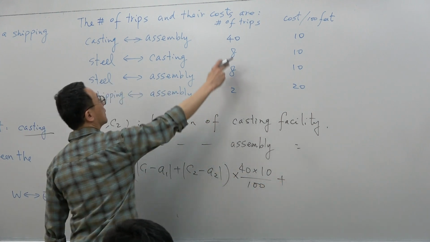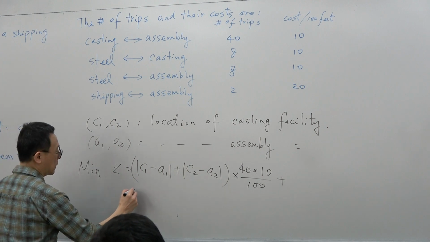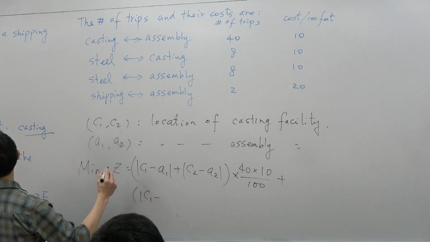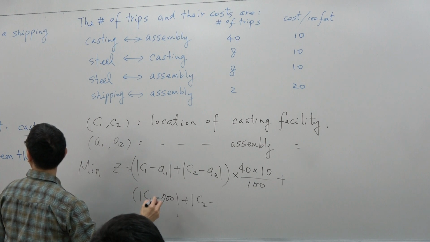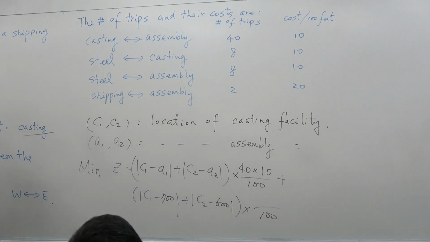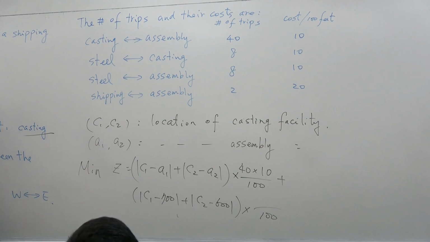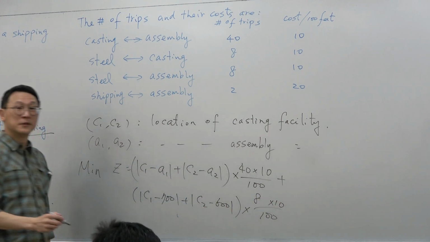That's the first one. How about the second one? Steel to casting: C1 minus 900, C1 minus 700, C2 minus, and $10 and 8 times.